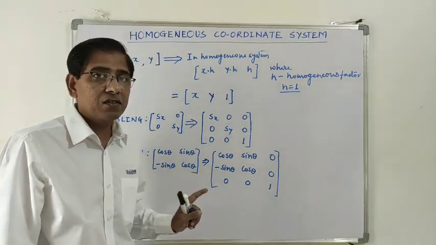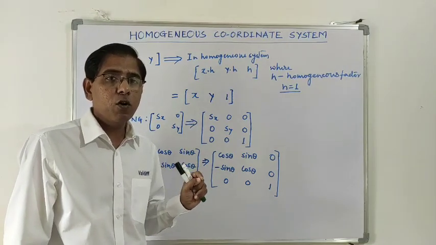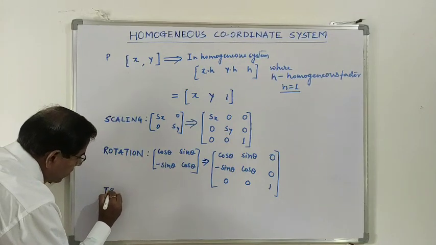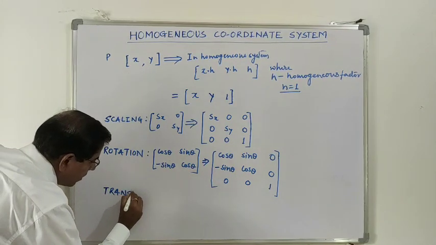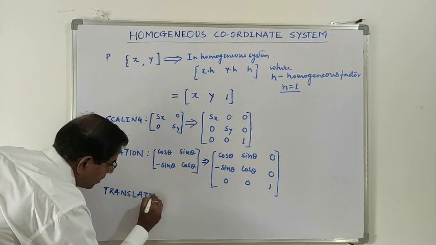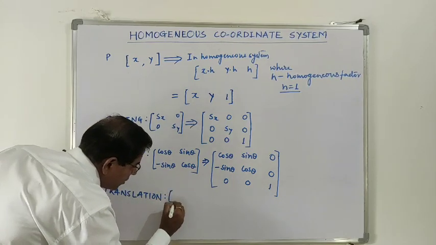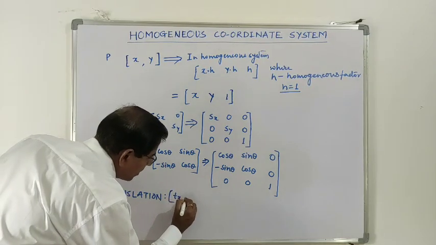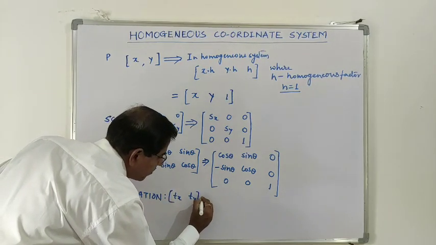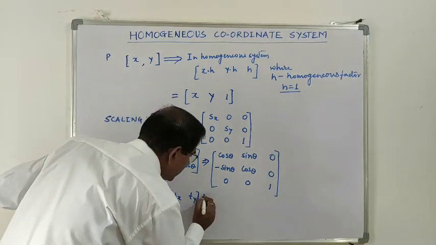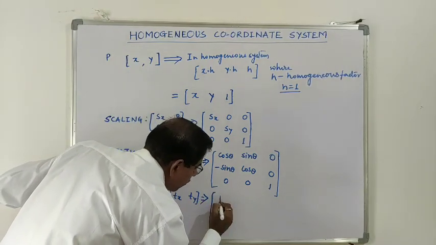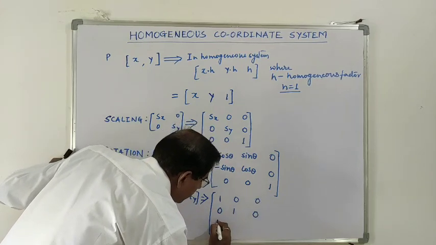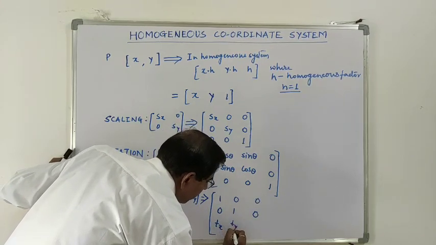And the third and the last and the most important, translation. Translation matrix in non-homogeneous system is Tx, Ty. But in homogeneous system, it is 1 0 0, 0 1 0, Tx Ty 1.